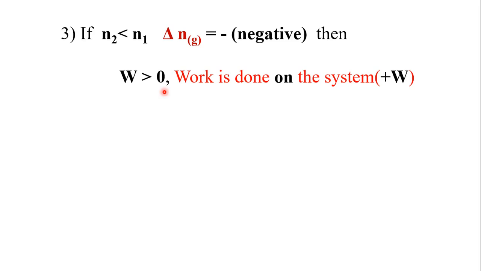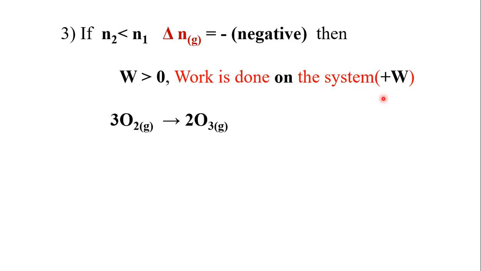Remember that when delta N is negative, W is greater than 0, and when delta N is positive, that is N2 is greater than N1, then W is less than 0. So here delta N is negative, therefore W is greater than 0. And in such cases, work is done on the system. That is, the sign of W is positive.